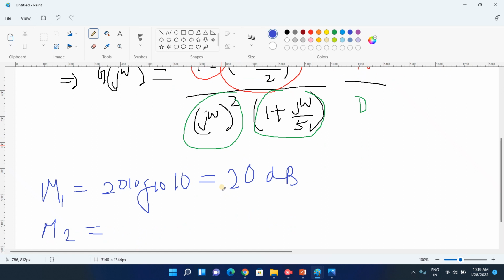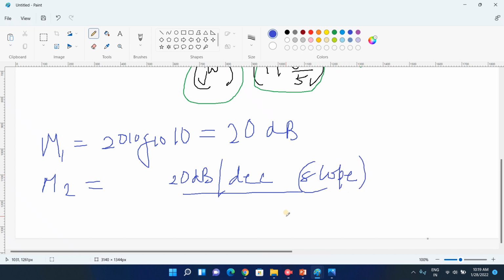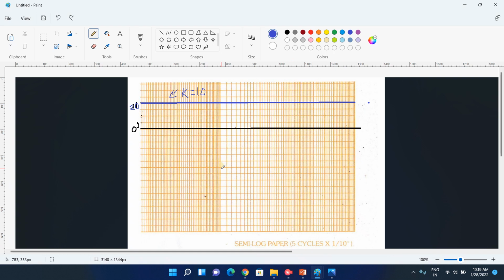If you have a simple pole or zero like this, 1 plus j omega by 2, then the slope will be 20 decibel per decade. This is called the slope, which means that if you take this particular Bode plot, I have told you this is 1 decade.